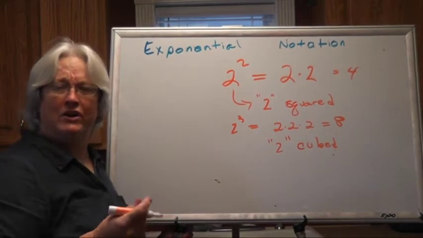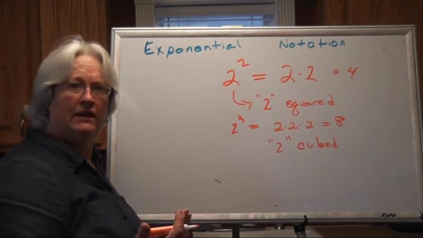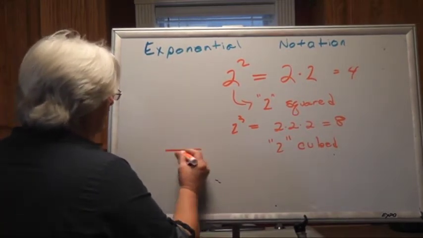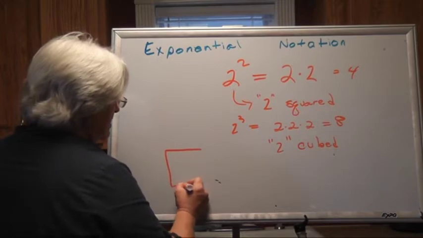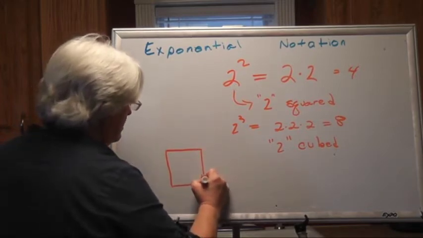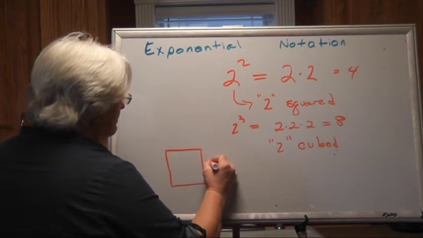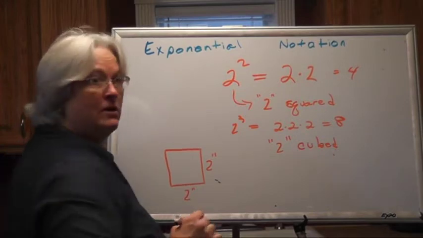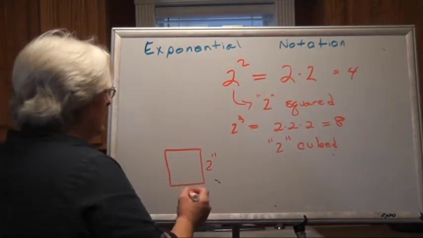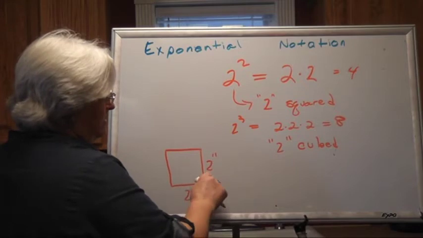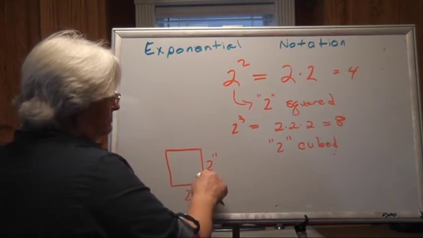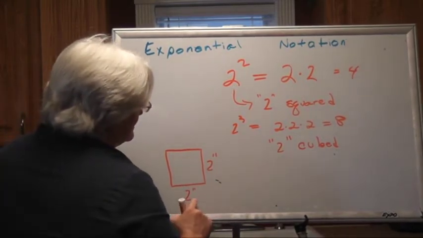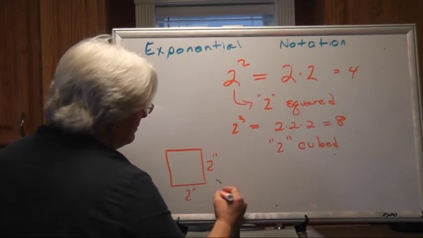Well, that's pretty strange vocabulary to me. Where in the world did they get that from? Well, let's think back to area and volume. If you have a square piece of wood that's 2 inches on one side and 2 inches on another side, the way you find the area is you multiply side times side, which is sides squared. 2 times 2 is 4.